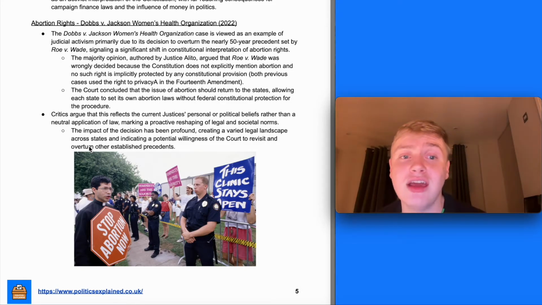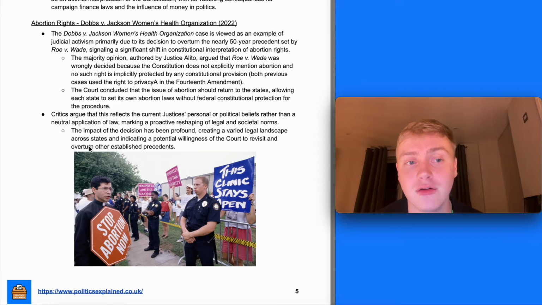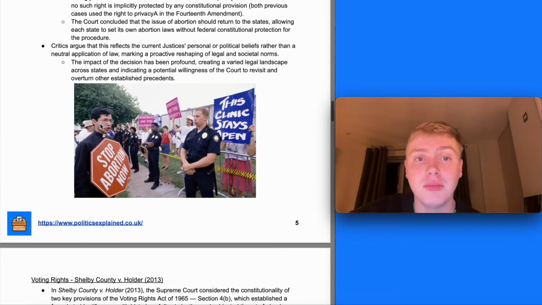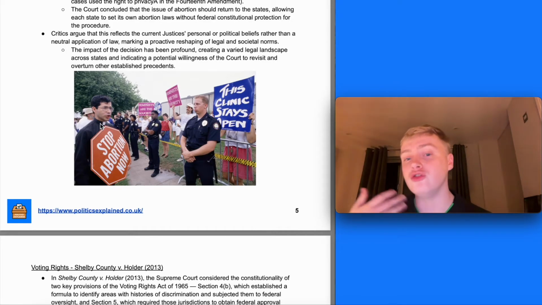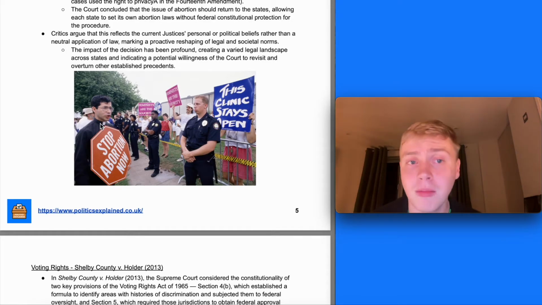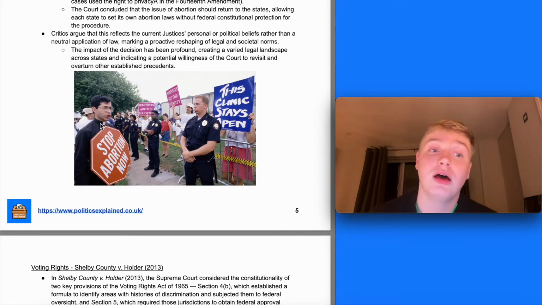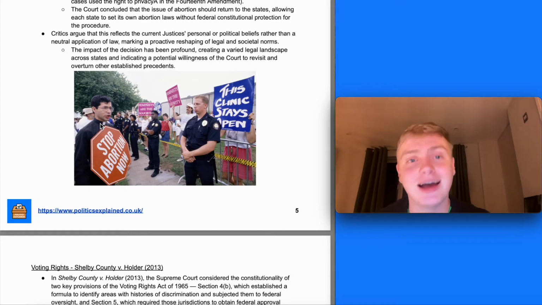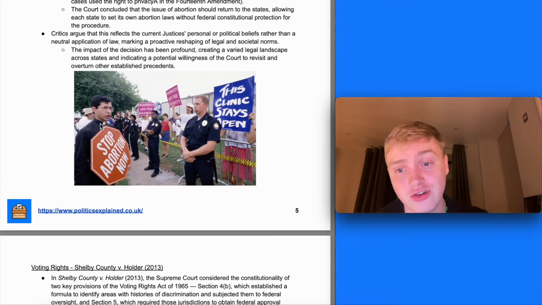The court concluded that the issue of abortion should return to the states, allowing each state to set its abortion laws without federal constitutional protection for the procedure. Critics argue that this reflects the current justices' personal political beliefs rather than a neutral application of the law, marking a proactive reshaping of legal and societal norms. But obviously, those who support the ruling argue that it's just a reflection of an originalist and textualist interpretation of the Constitution, and it was actually Roe v. Wade that was judicial activism and went too far.